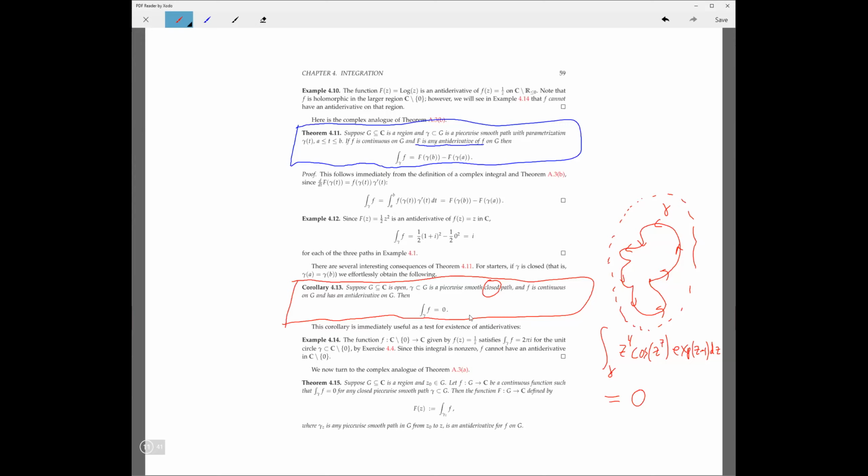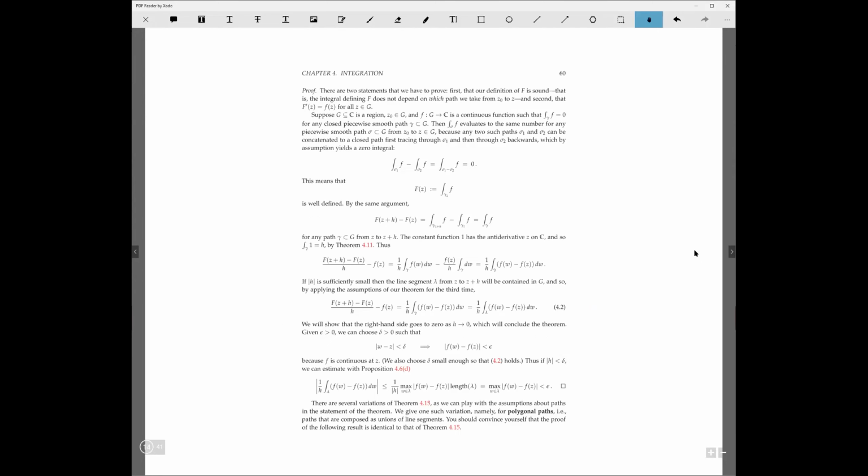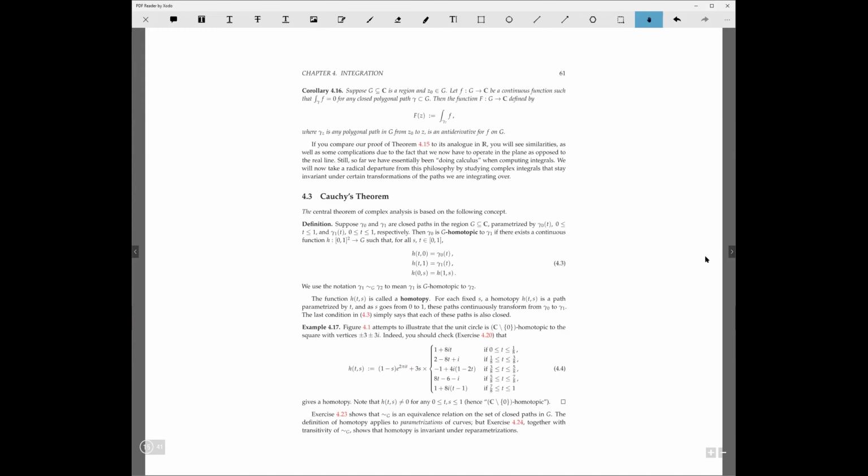Okay, so continuing on. Okay, so 4.3, we're getting into Cauchy's theorem.